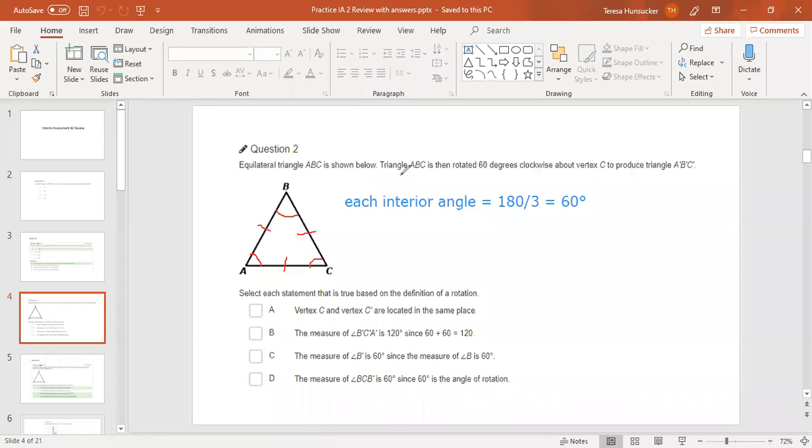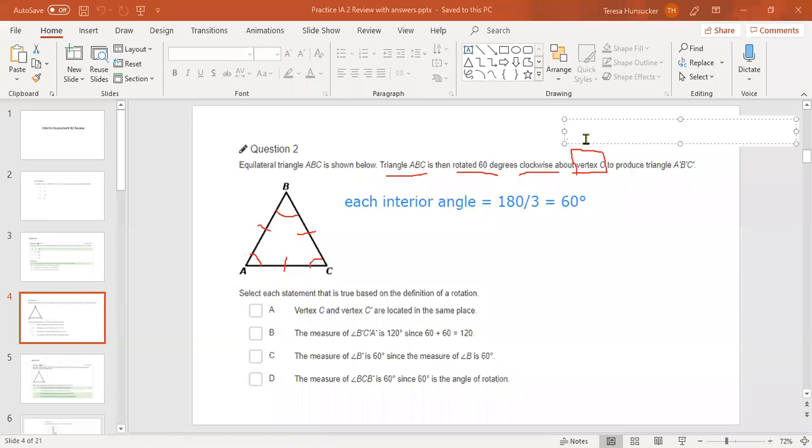Well, if we look a little bit closely at the question, it says triangle ABC is rotated 60 degrees clockwise about vertex C. Vertex C is our fixed point. Okay, that is a fixed point. So that is the center of the rotation.